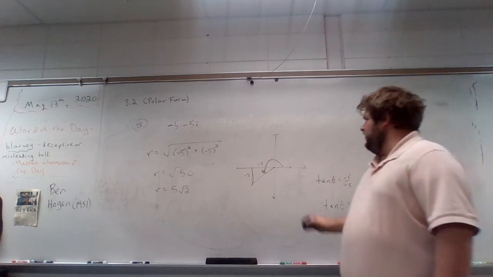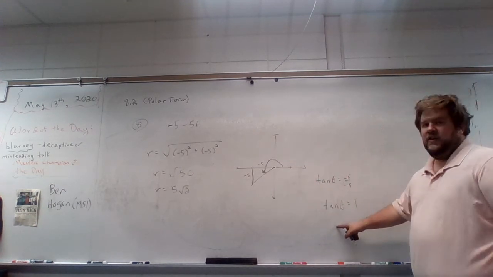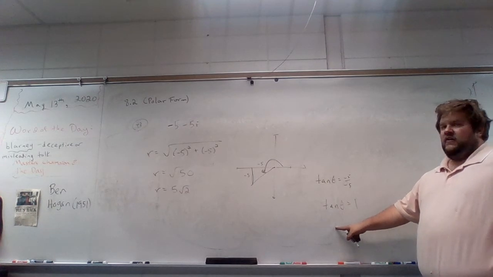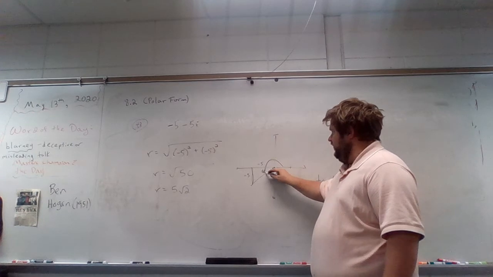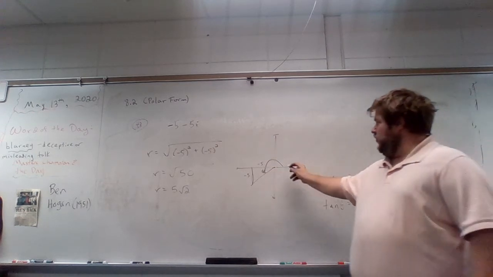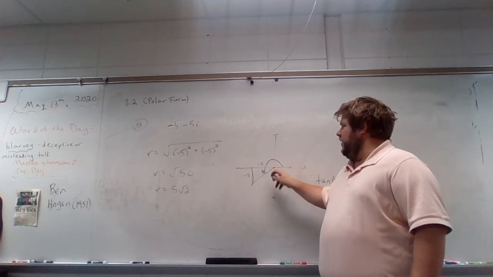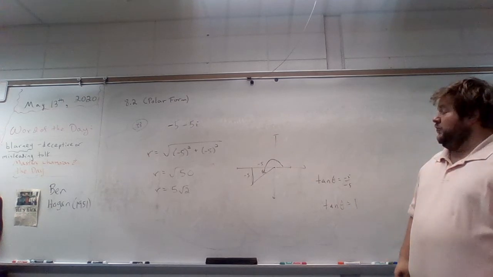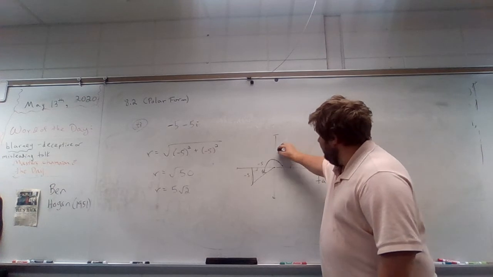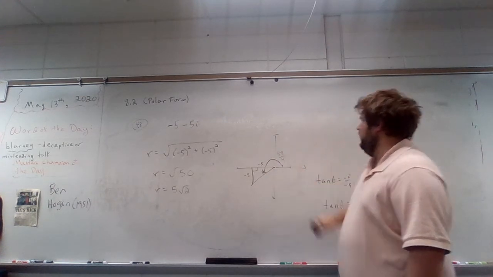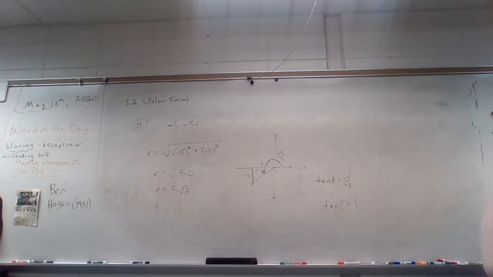So the best way is just to think about it like this, because if I do the inverse tangent here, I'm going to get 45 degrees. That's really only telling me kind of this part here. And I want to think more about what is this angle from the positive x-axis. And from my picture, I think it's pretty clear that the angle that we want is 5 pi over 4 here. Okay.